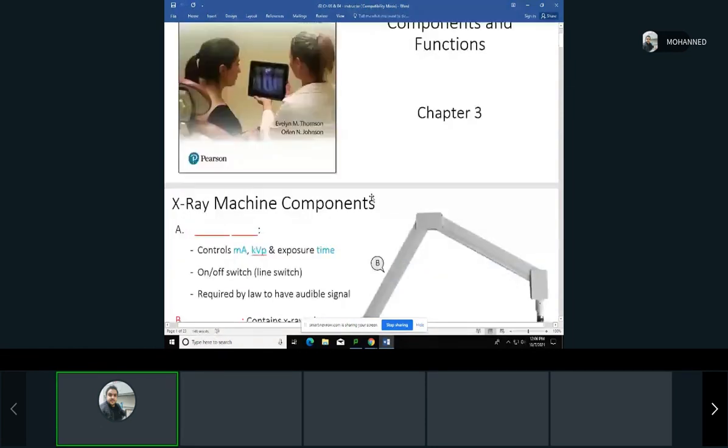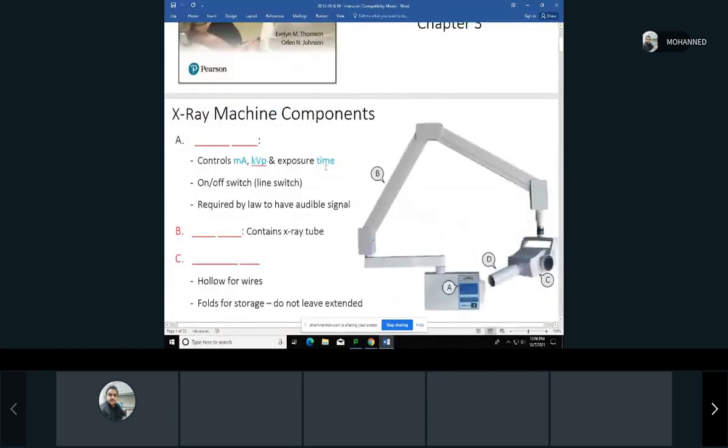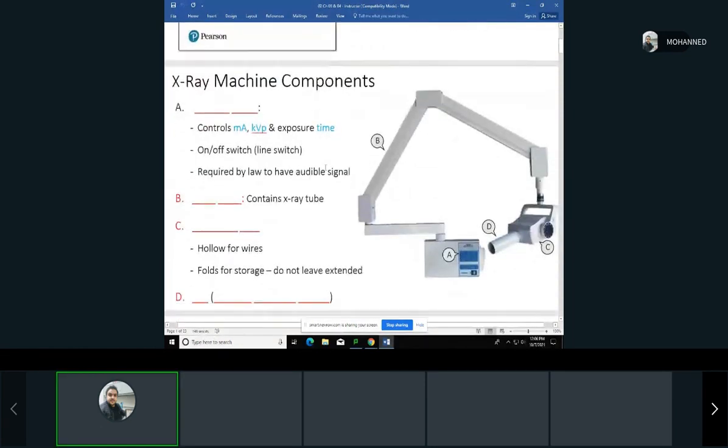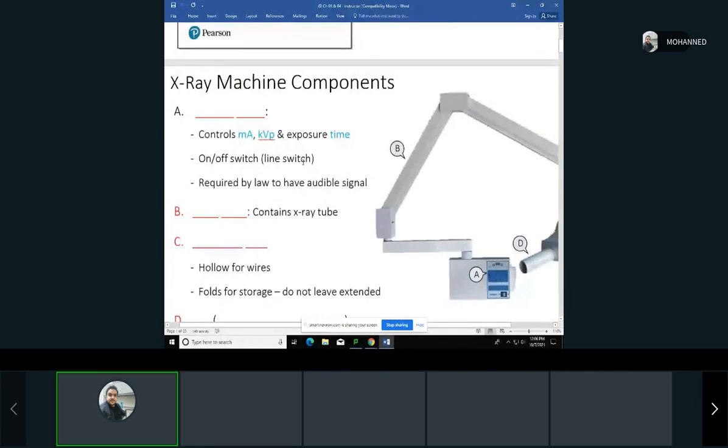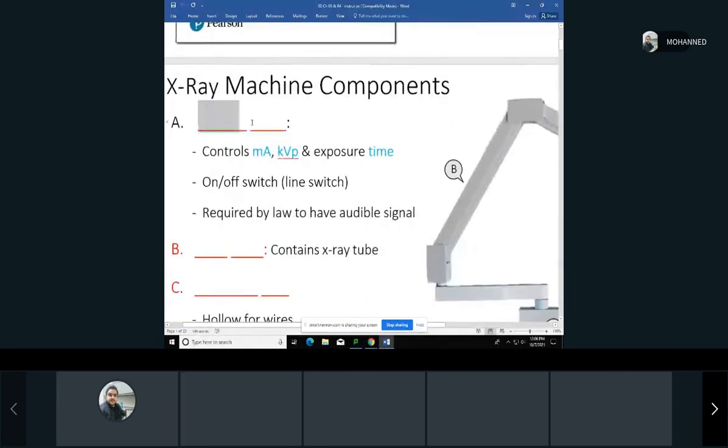So moving on. The components of the X-ray machine, we already know. A is the control panel, exactly. It controls the MA, the KV, P, and exposure time. MA stands for milliamperage, which we'll do in a little bit.